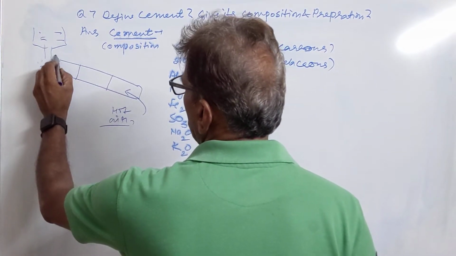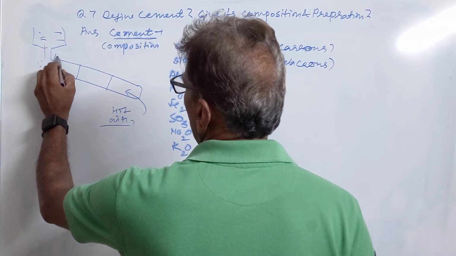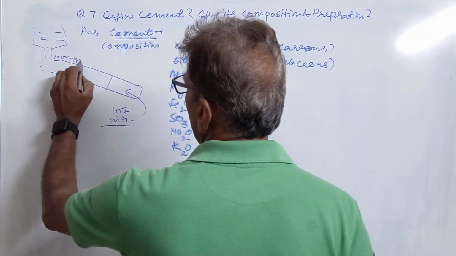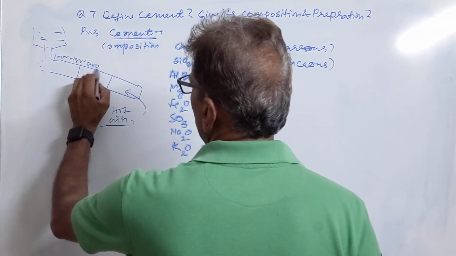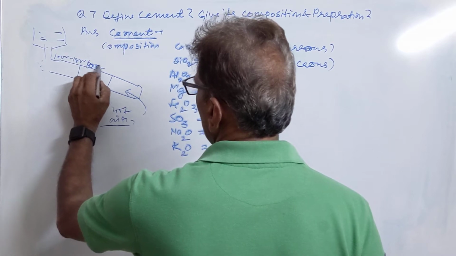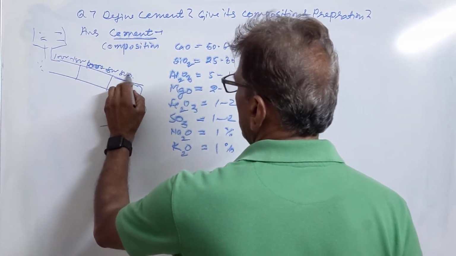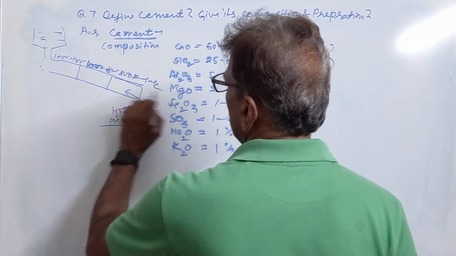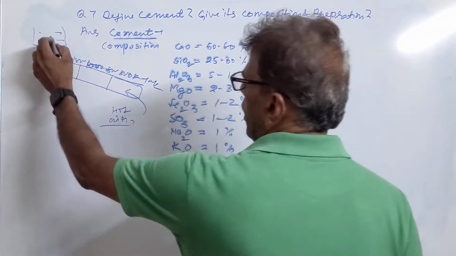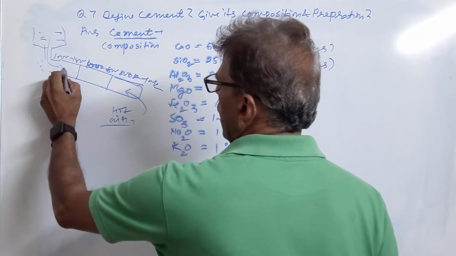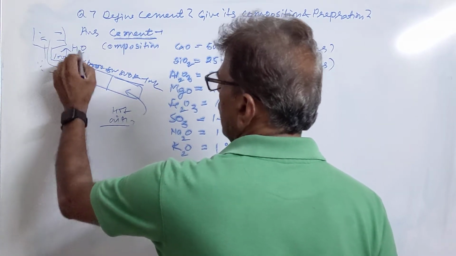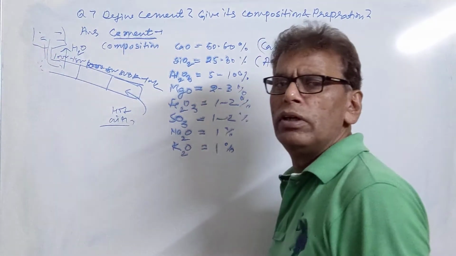In the upper part the temperature is about 1000 to 1800 Kelvin. In the middle part it is 1000 to 800 Kelvin. In the lower part it is up to 800 Kelvin. Whenever these materials come down in the upper part of the furnace, all of the moisture goes off.